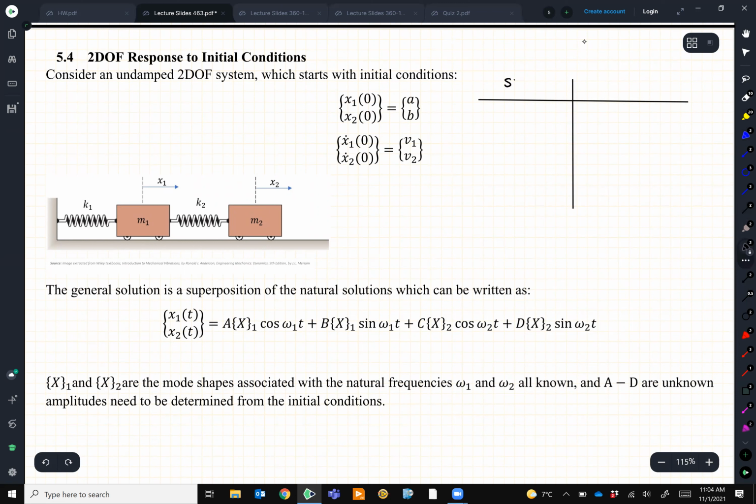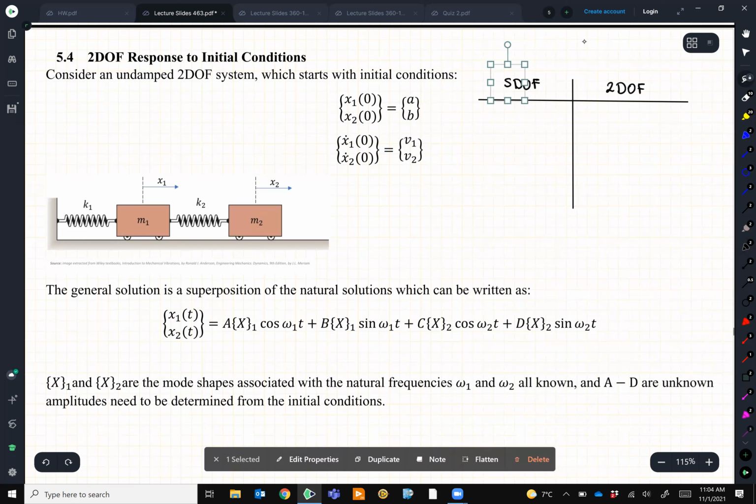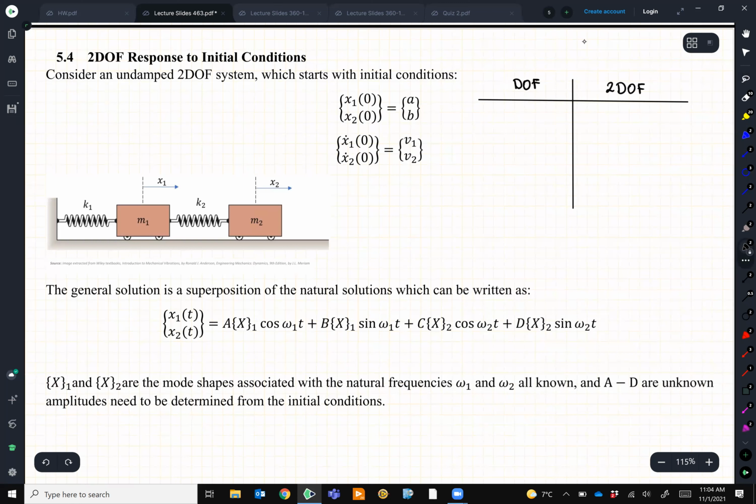So on the left, we have single degree, right? And over here, we have 2 degree.